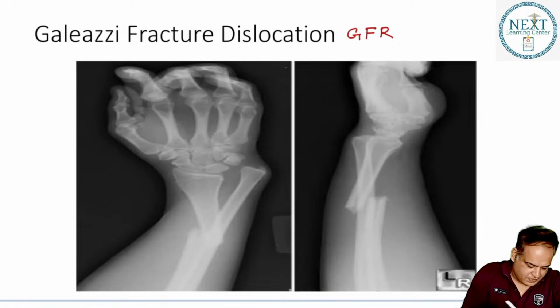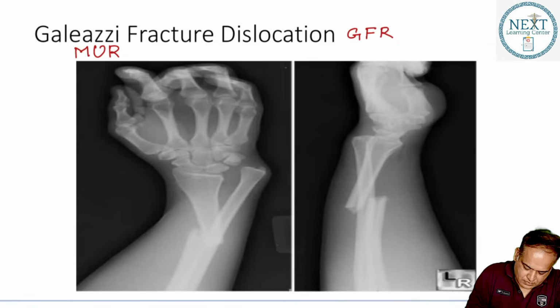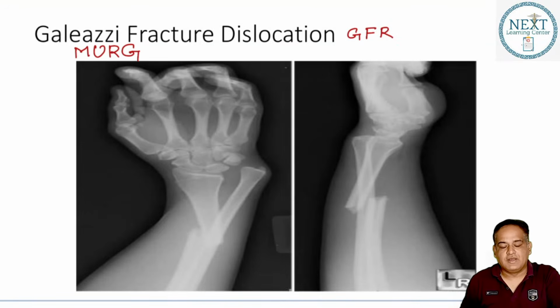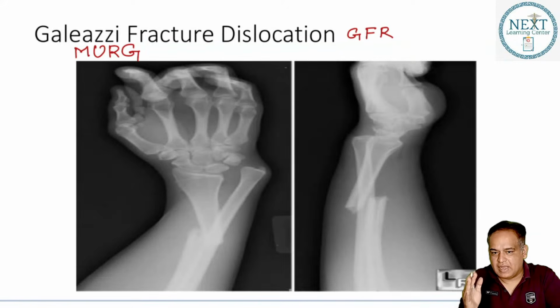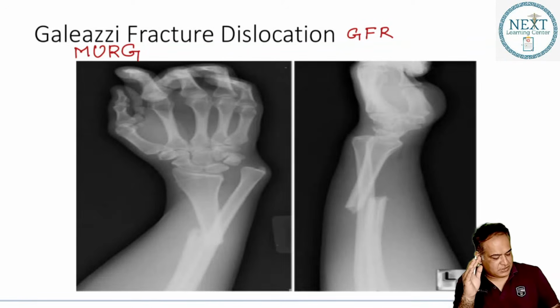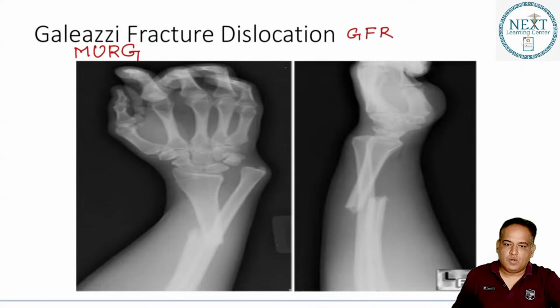Galeazzi fracture. Fine. Then we have got another mnemonic, MUGR. So Monteggia will fracture ulna and Galeazzi will fracture the radius. Galeazzi will fracture the radius. MUGR, that's another mnemonic. Okay.